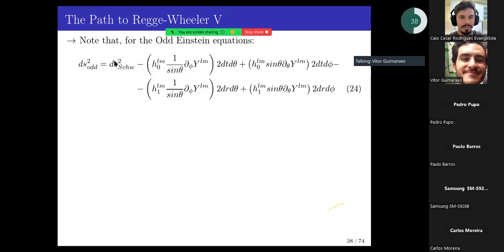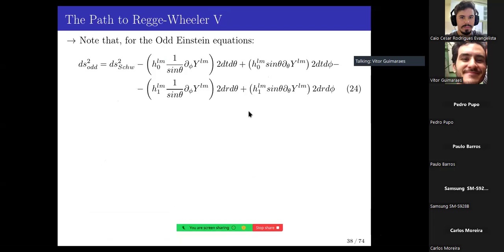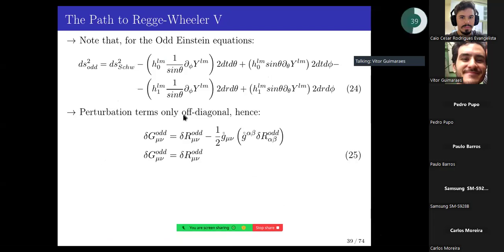So now note that for the odd Einstein equations, the odd line element, remember that we constructed the odd line element, the perturbation terms are only off diagonal, right? I told you guys that this would give us some intuition into which components we would really use to construct the perturbed Einstein equations, right?